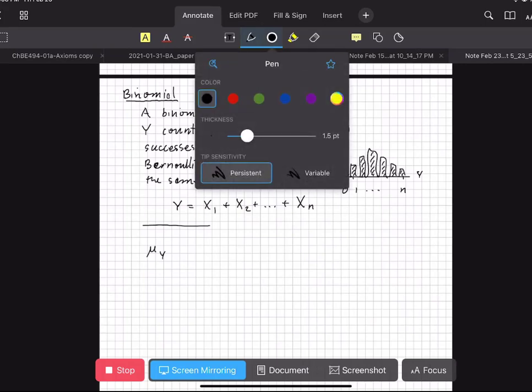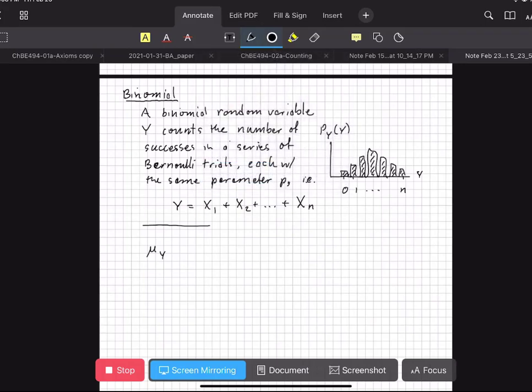So let's go ahead and do our calculations now. Remember, this is a sum of Bernoulli trials. So this mean is the expectation value of x1 plus x2 dot dot dot to xn. We know something about variables like this.